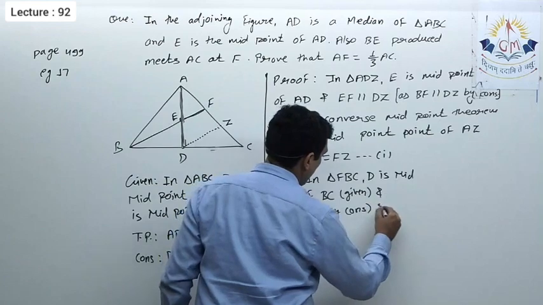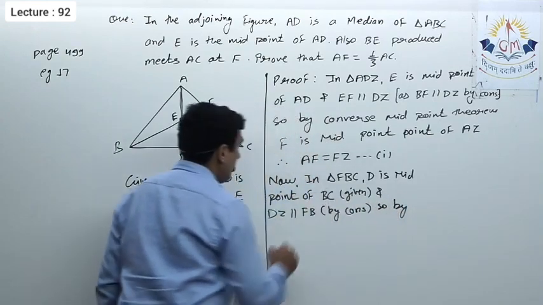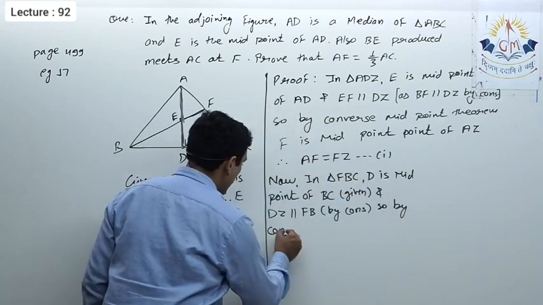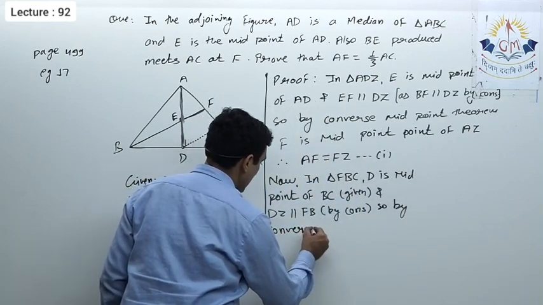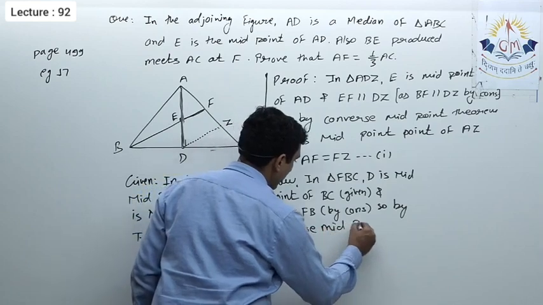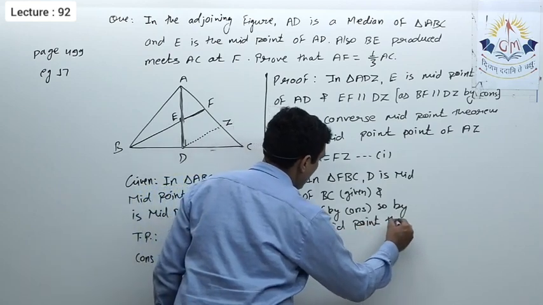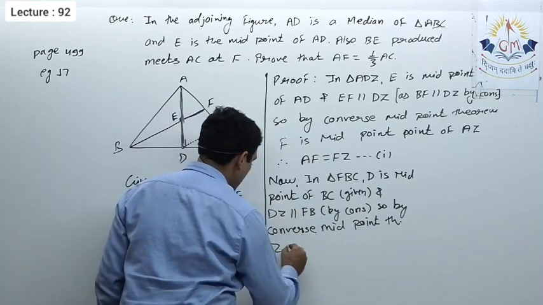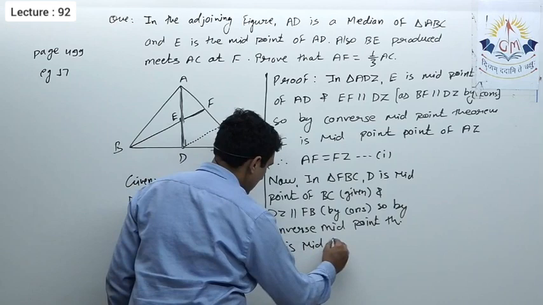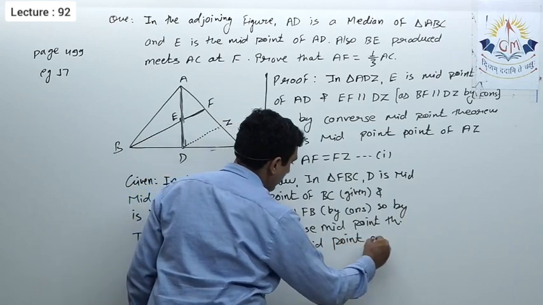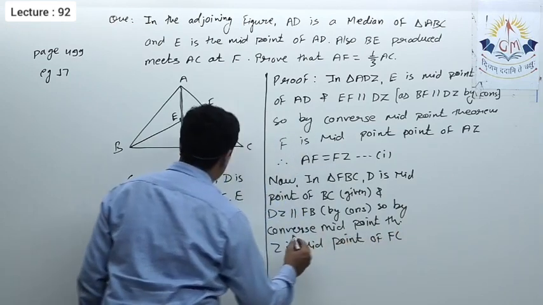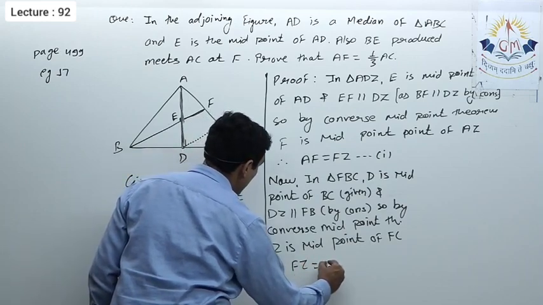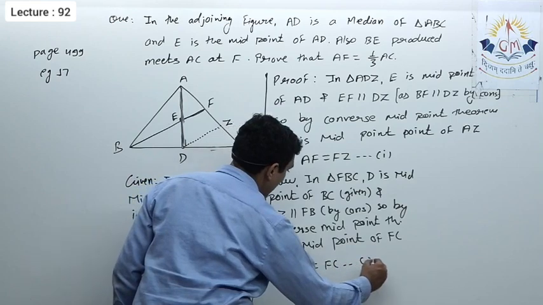So by converse midpoint theorem, I can say Z is the midpoint of FC. Therefore FZ is equal to ZC. Let it be second.